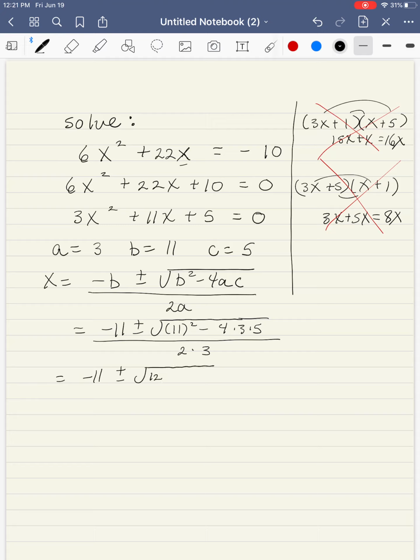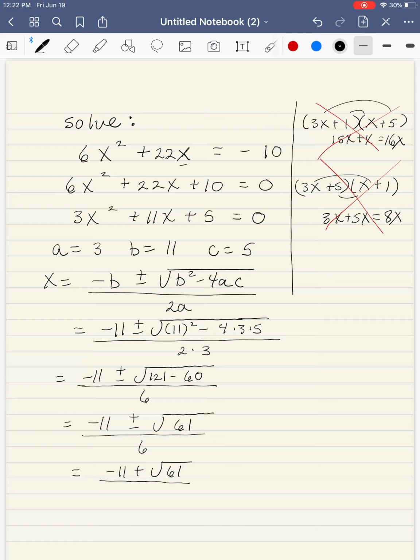So we have negative 11 plus or minus the square root of 11 squared, which is 121, minus, let's see, 12 times 5 is 60, all over 6. So I have negative 11 plus or minus the square root of 121 minus 60 is 61, all over 6, and 61 is prime, so I just write my two separate answers.